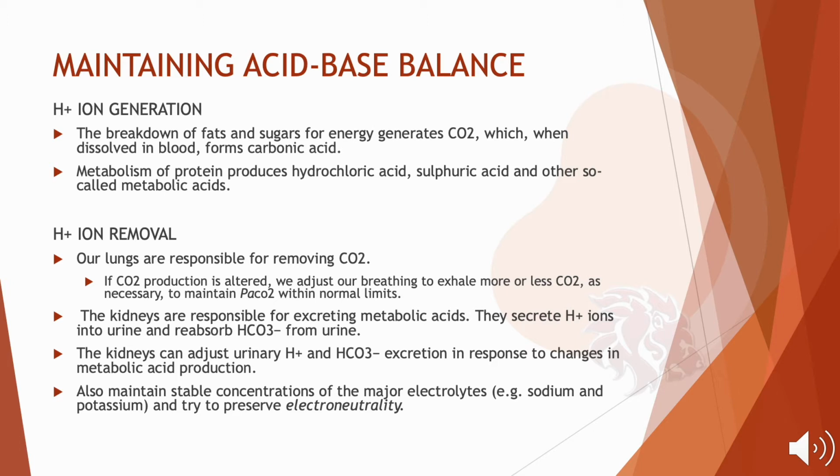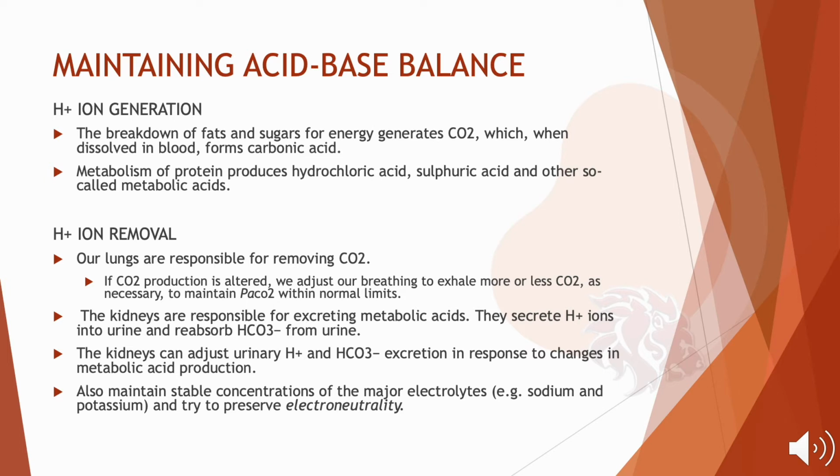Renal mechanisms. The kidneys are responsible for excreting metabolic acids. They secrete hydrogen ions into the urine and reabsorb bicarbonate from urine. Bicarbonate is a base and therefore accepts hydrogen ions, so it reduces the concentration of hydrogen ions in the blood. The kidneys can adjust urinary hydrogen ion and bicarbonate excretion in response to changes in metabolic acid production.